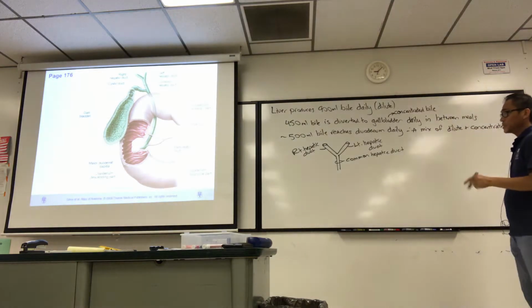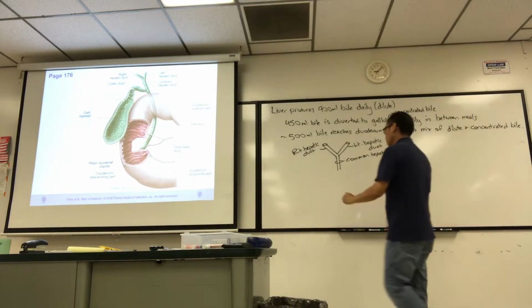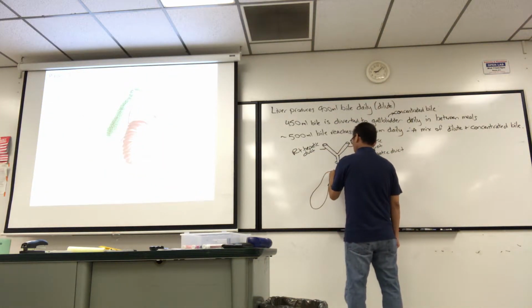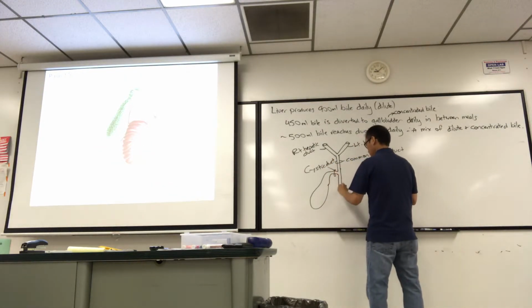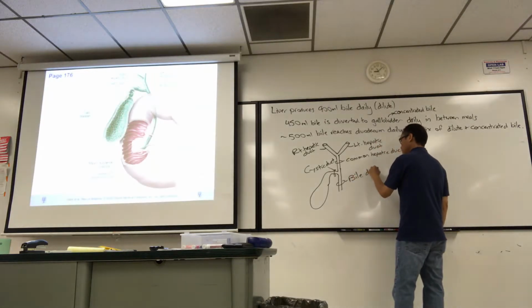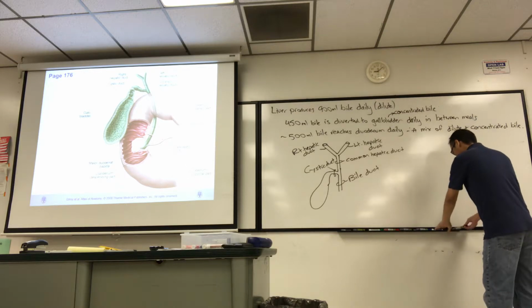And then the cystic duct from the gallbladder will merge with that and form the bile duct. Okay, that's basically what you've got to know there.